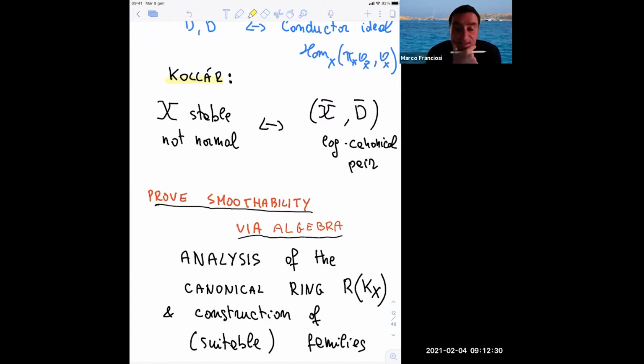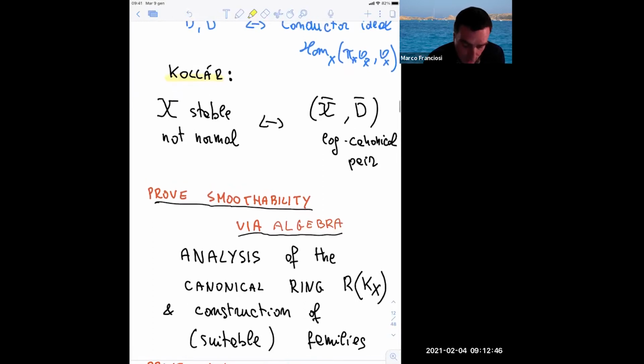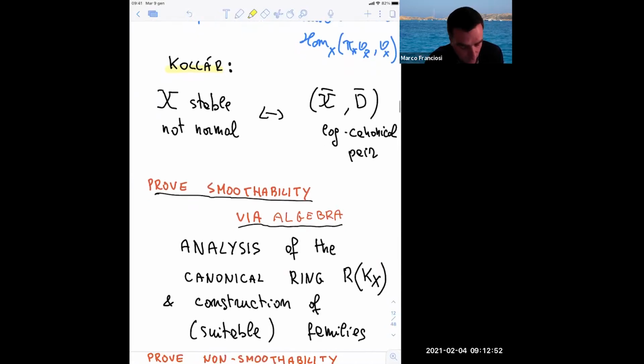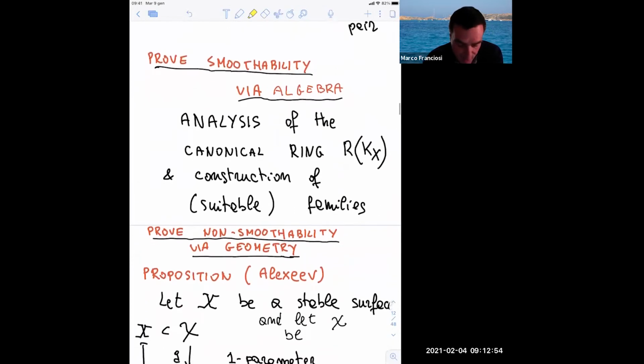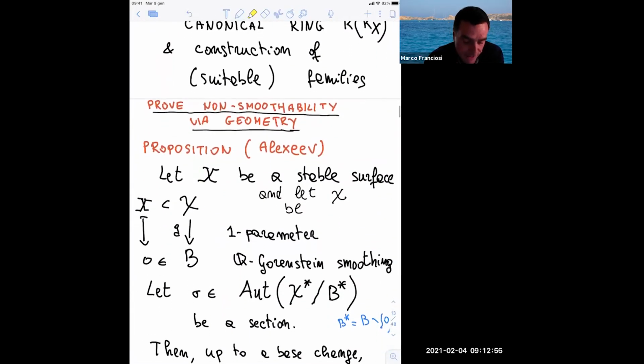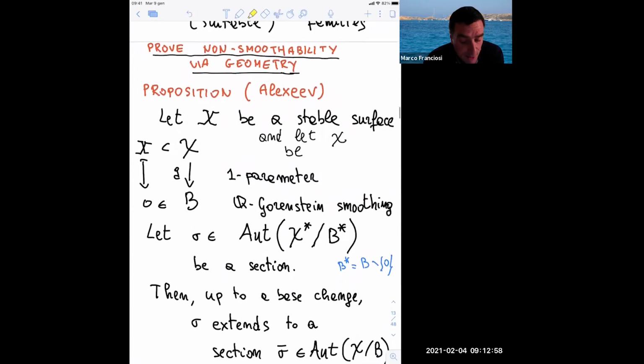And after that, to construct a family in such a way that we can deform the equation in a suitable weighted projective space. So without using deformation theory, just using algebra. But if you want to prove non-smoothability, we can use geometry.